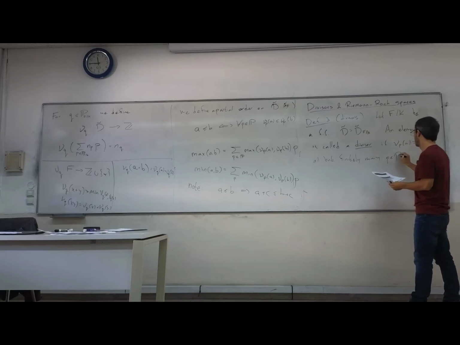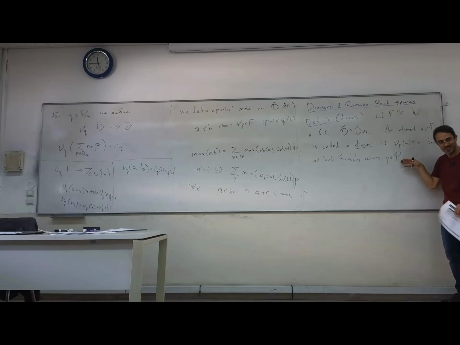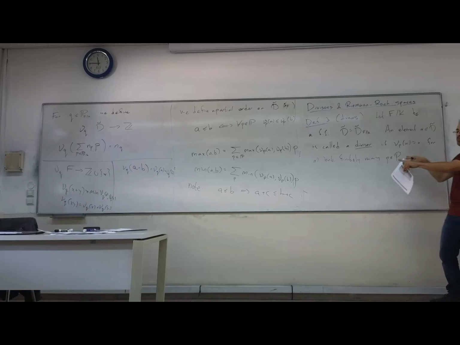Right? I mean, this set is infinite. You don't need to know it right now, but it is infinite. For example, in the rational function fields, it corresponds to irreducible polynomials and infinity. There are infinitely many of those. And in other function fields, it's even more. But you don't know that yet. Nonetheless, a divisor is one that only uses finitely many prime divisors.